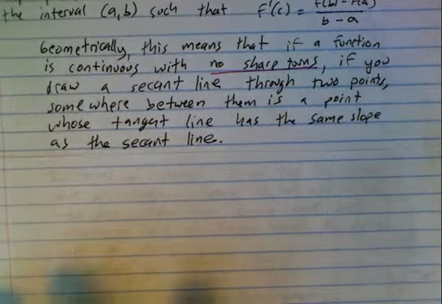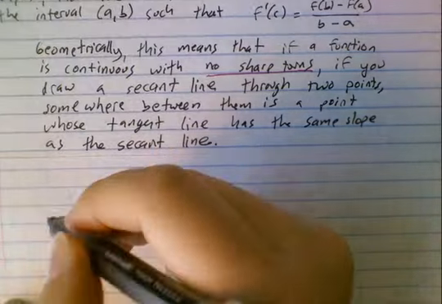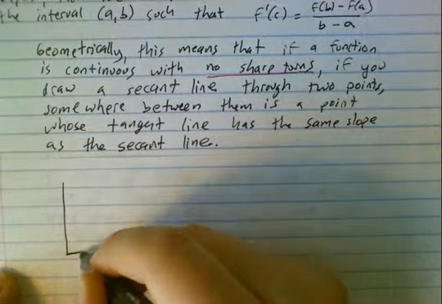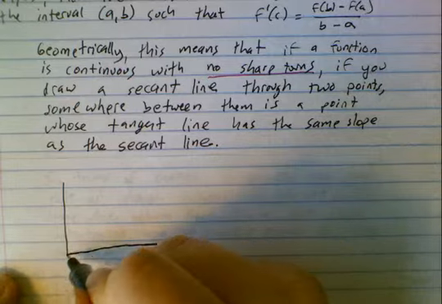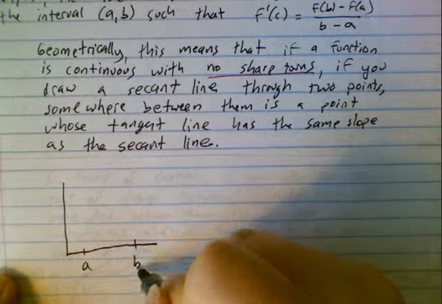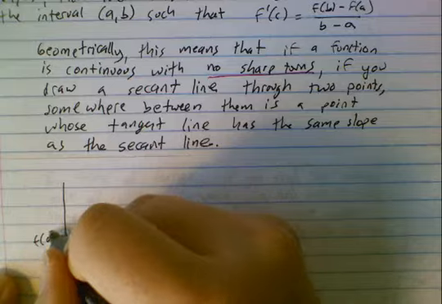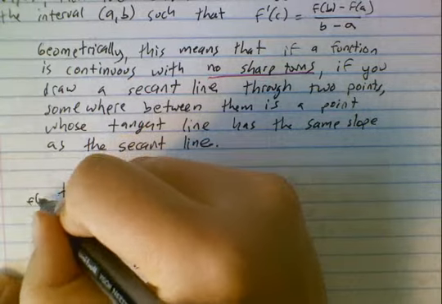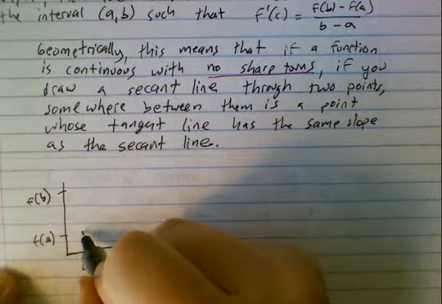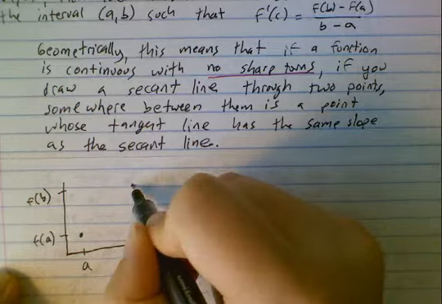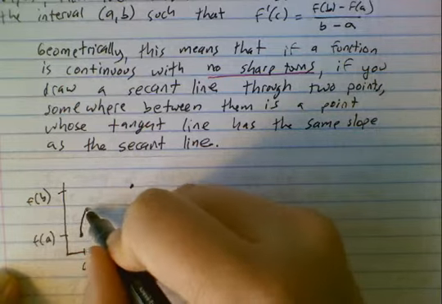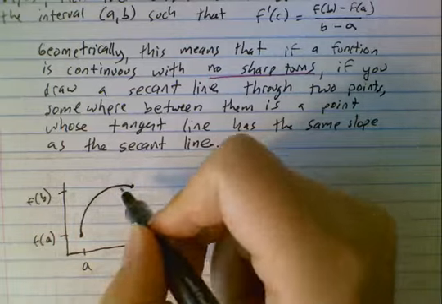Here's what this looks like. Let's say we've got our little function. Here's A, here's B, f of A, f of B. And there's a nice smooth curve like that.